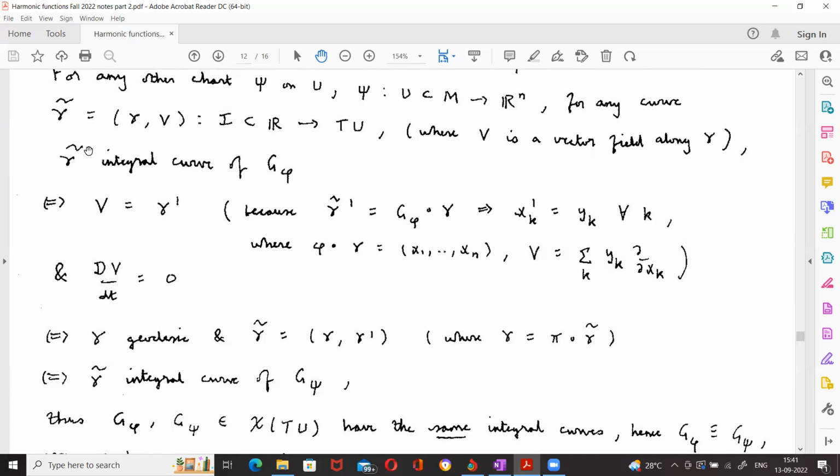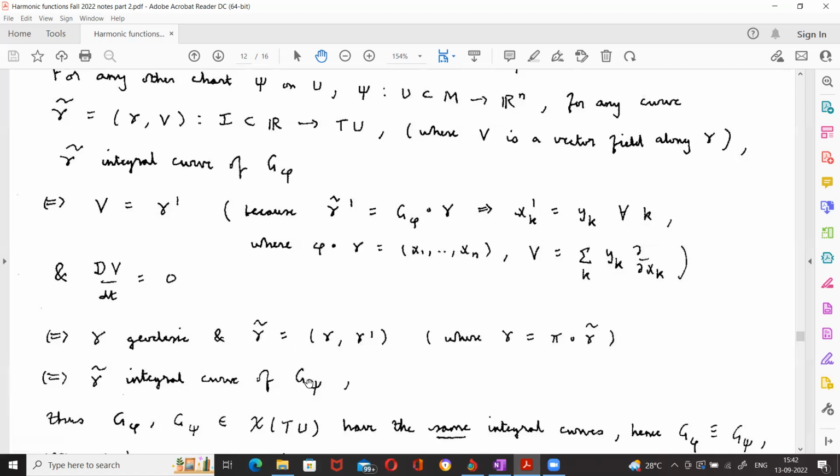So what we're saying is that for any of these vector fields G sub phi defined using a chart, a curve gamma tilde in the tangent bundle is an integral curve of G phi if and only if gamma tilde is the natural lift of a curve below, gamma, and that curve gamma is a geodesic. So this is also true for the vector field G psi, right?